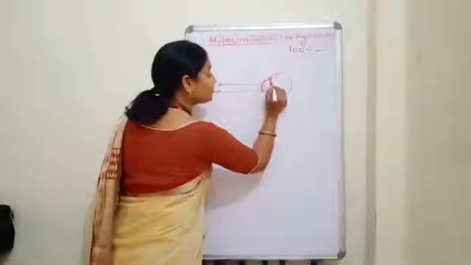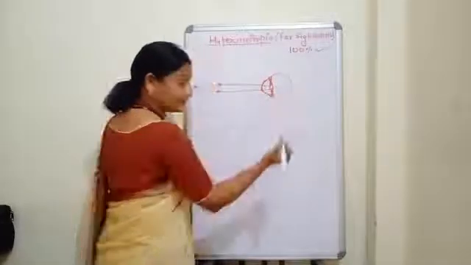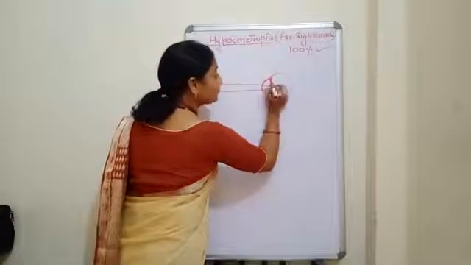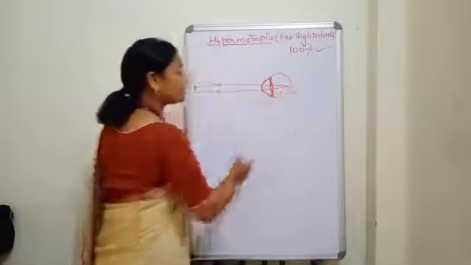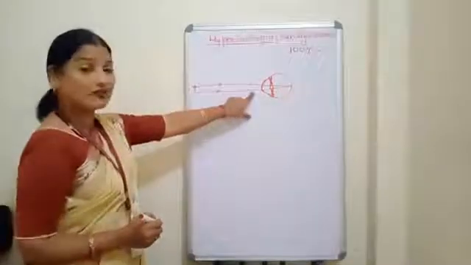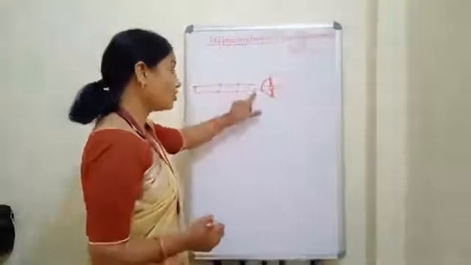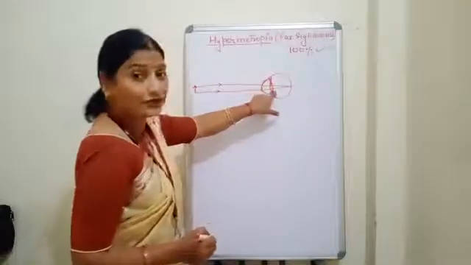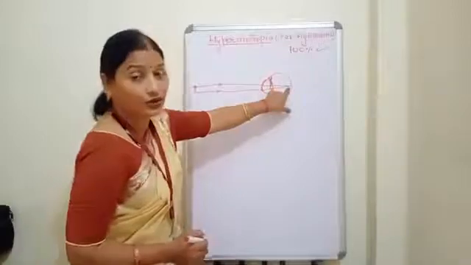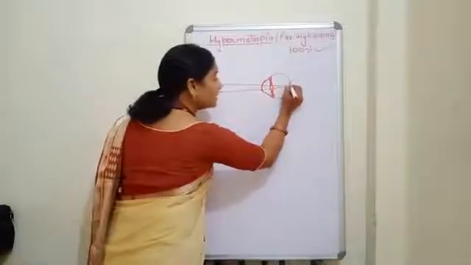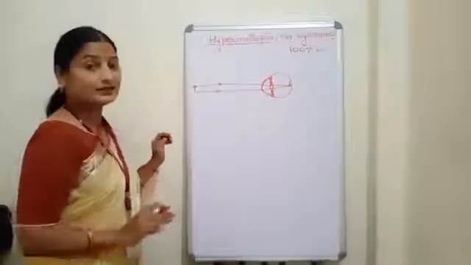When they reach the convex lens, a converging lens, the rays converge and form the image on the retina. A little convergence is required, and because of that the rays fall on the retina and we are able to see the image. This is the concept for far vision, when my far vision is okay.